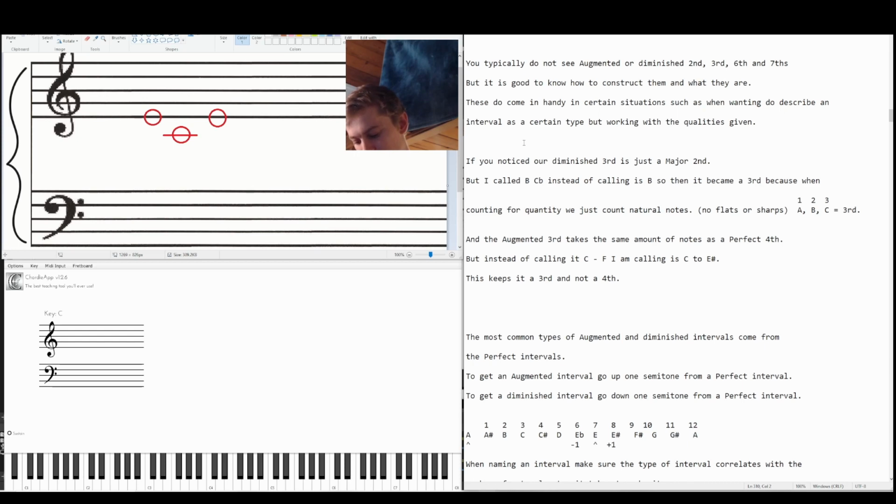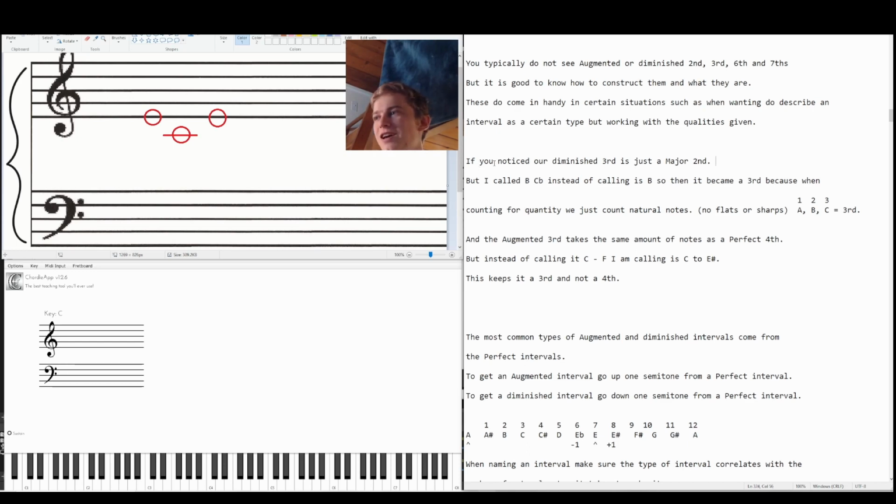As I was just showing you, we wanted to create an augmented second. We had a minor third, but we wanted to create an augmented second. So that was where we had to call notes certain different names. So that's typically something that's not really done as often.